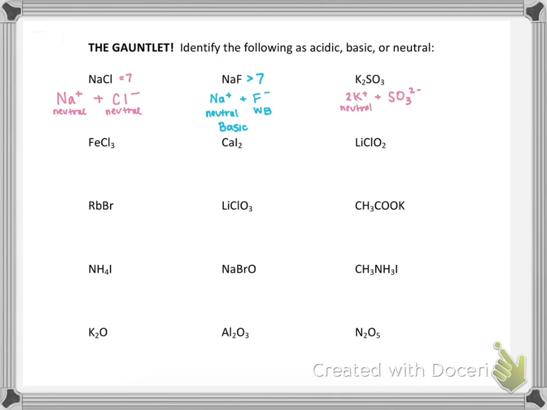And then sulfite comes from H2SO3, which is a weak acid. So this is going to be a weak base. And so this salt overall would also be basic. And the pH would be greater than 7 when we dissolve it in water.